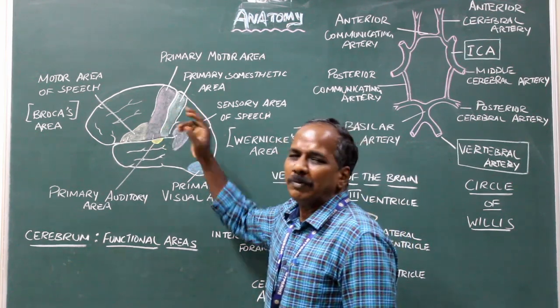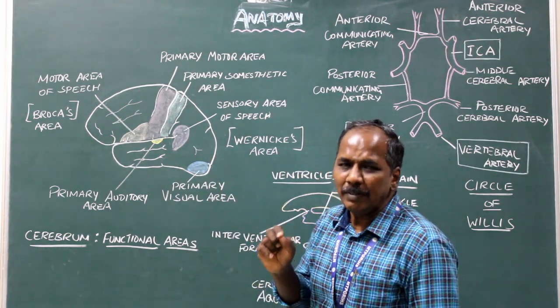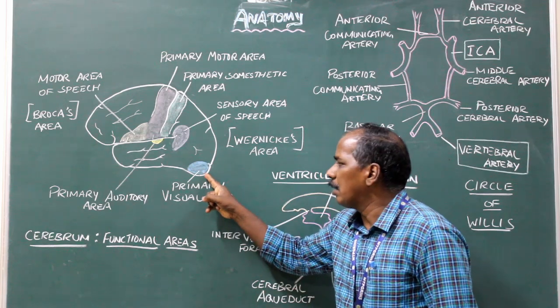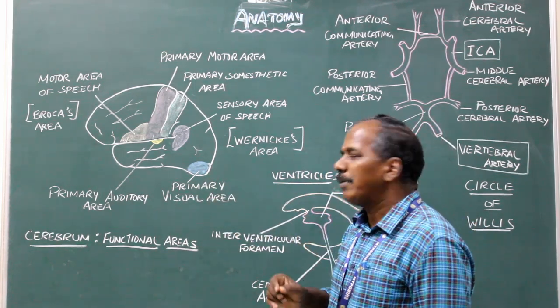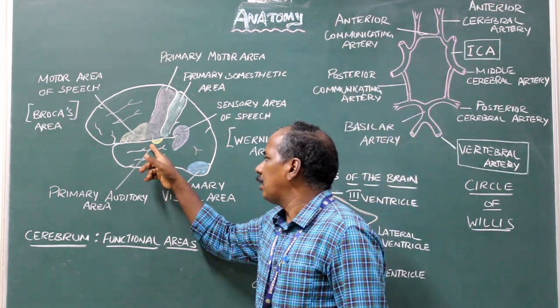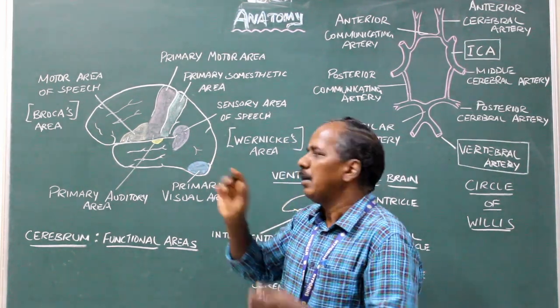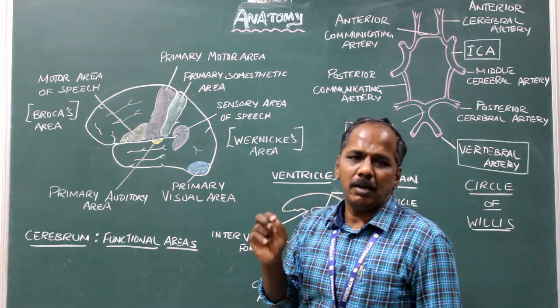It is present in the post-central gyrus. Primary visual area is present in the occipital lobe near the occipital pole. Primary auditory area is present in the superior temporal gyrus, on its superior surface.